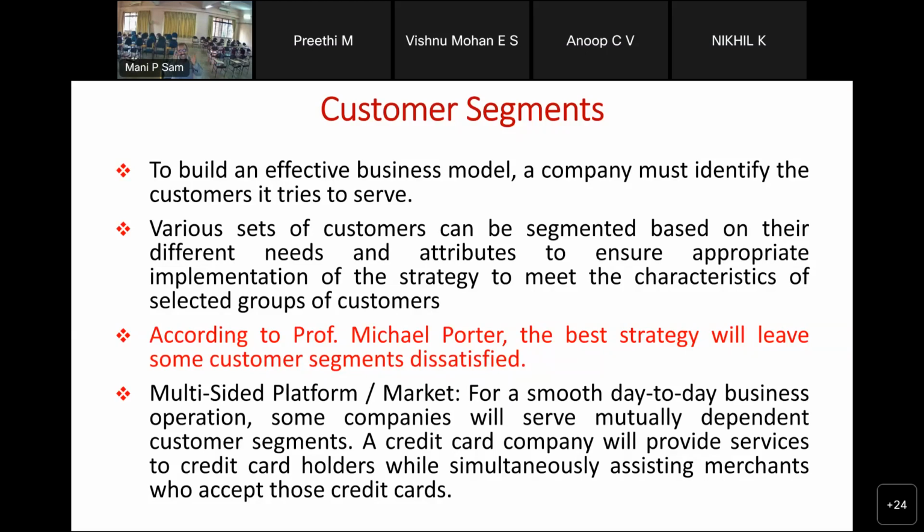But is the credit card company only looking at the credit card holders? No, they have to ensure that many, many merchants accept this card. Why do merchants accept this card? Only if their business gets a boost because of this acceptance of this type of credit card. So more customers will come to the business if they accept a credit card.